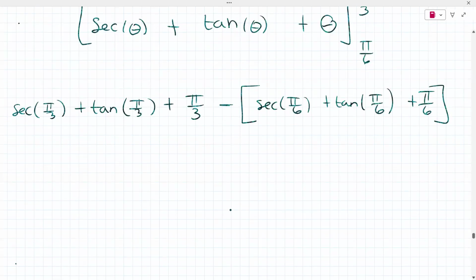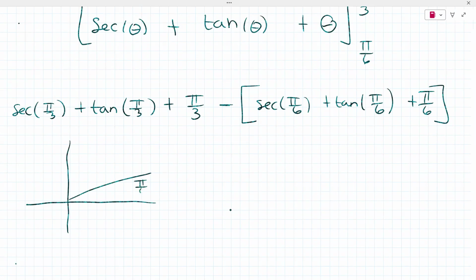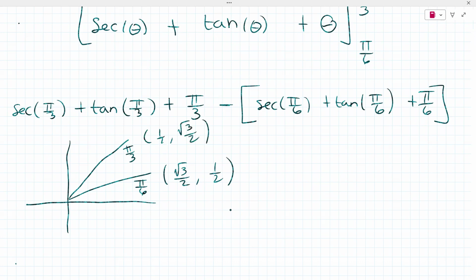So what is the secant of pi over 3? So here's your unit circle. Let's see, here's pi over 6, which has an x coordinate of radical 3 over 2 and a y coordinate of 1/2. And then here's pi over 3. It has an x coordinate of 1/2 and a y value of radical 3 over 2.